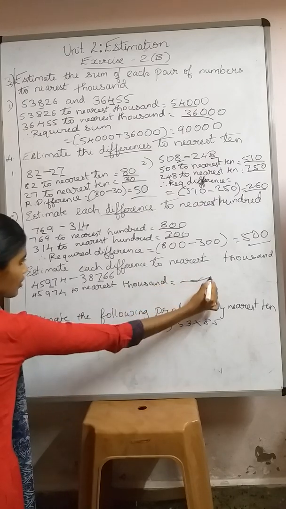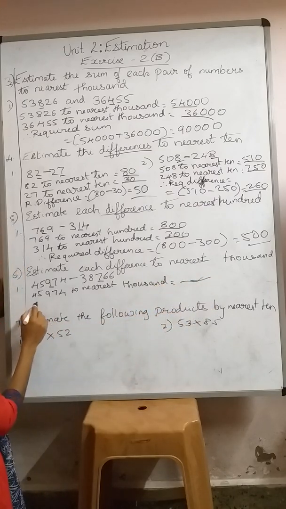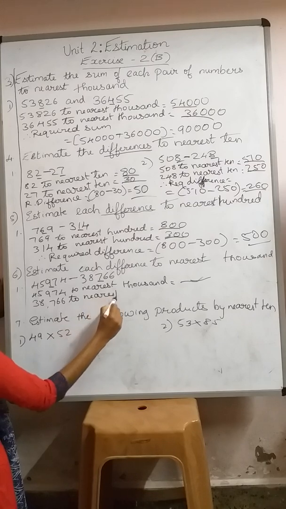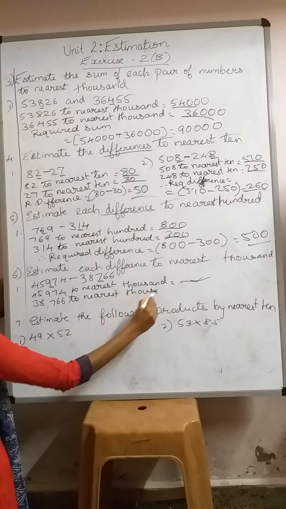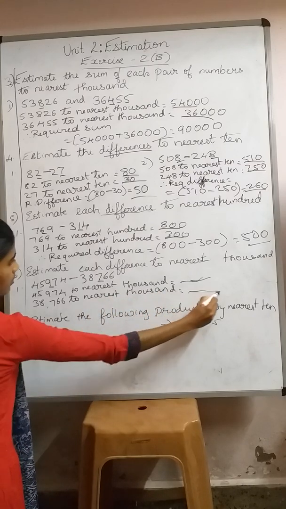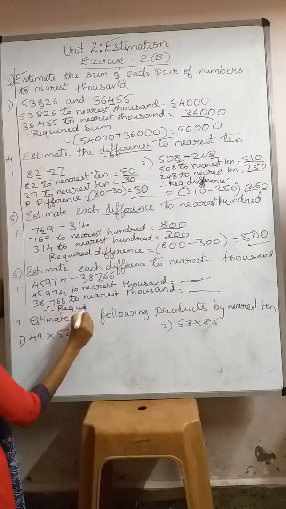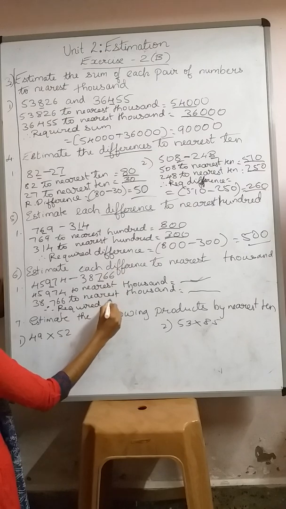Just a crooked line, let us do it. Next, 38,766 to the nearest 1000 equals to how much? Therefore what are we finding? Required difference.